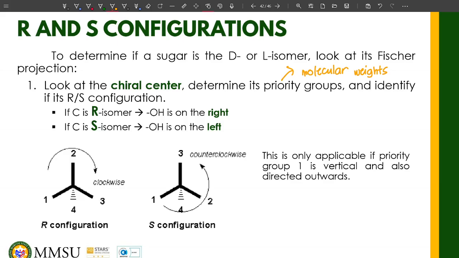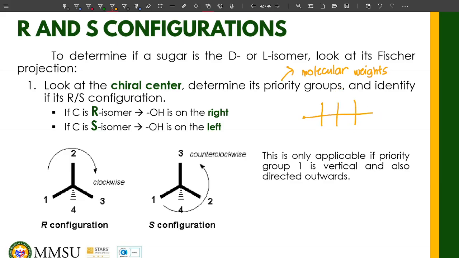It is only applicable if your priority group is vertical. When vertical, for example, for carbohydrates, here is the OH, here is the H, carbon. Oxygen is the first priority. Oh, no, that's wrong. The other way around.